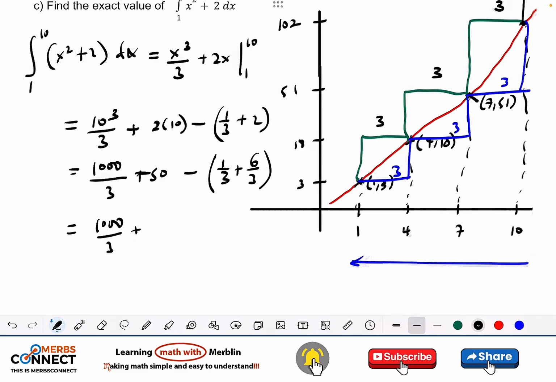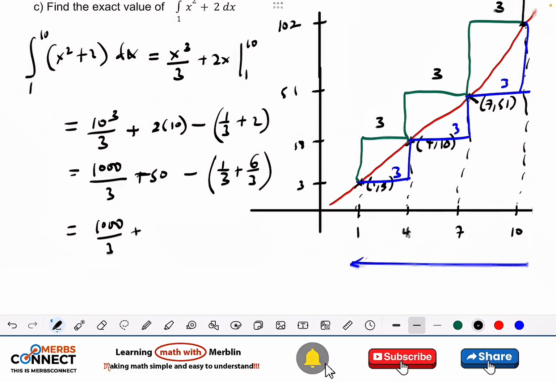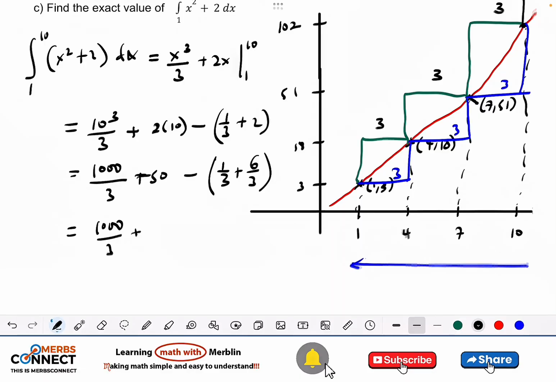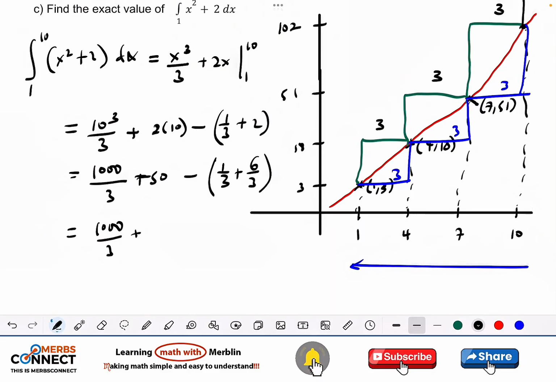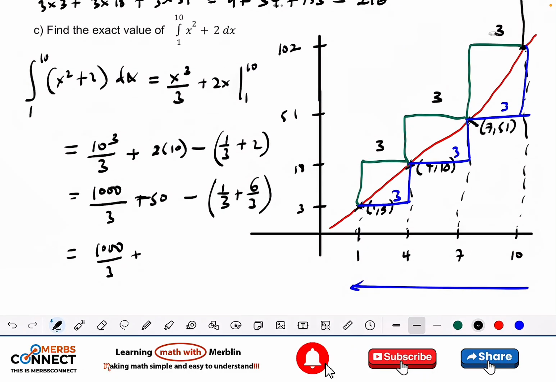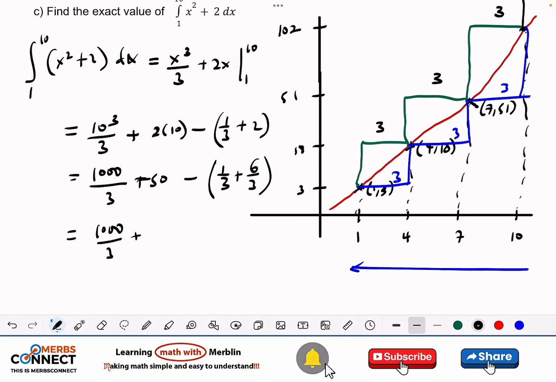What is 20 times 3? 60. So 60 divided by 3 minus, this is going to be 7 divided by 3.